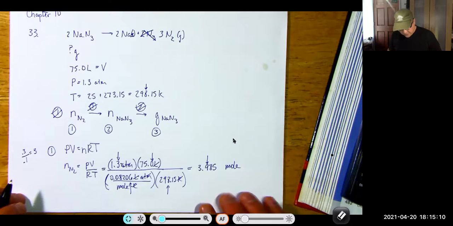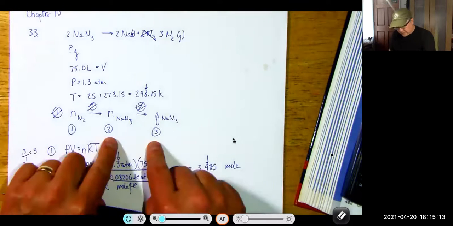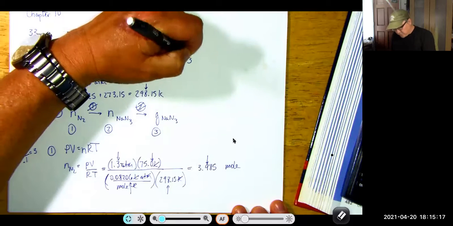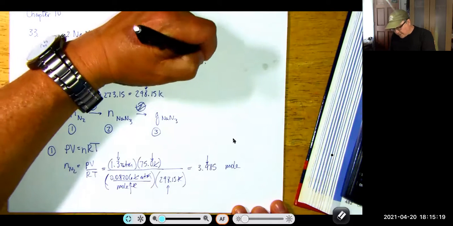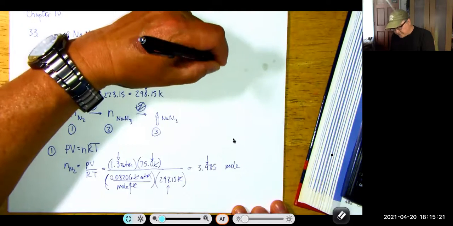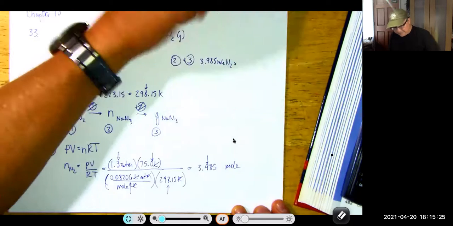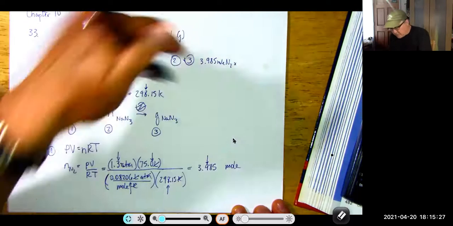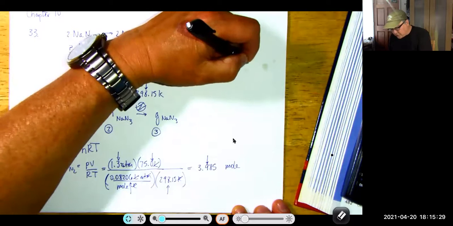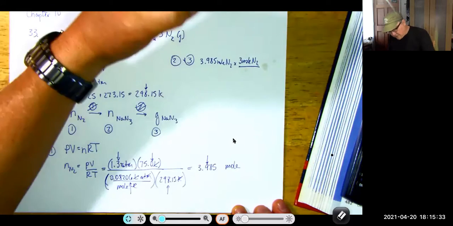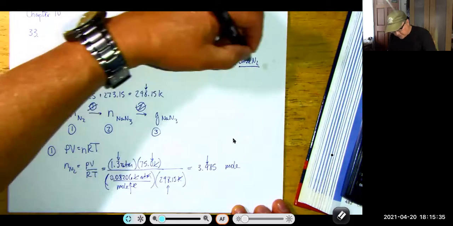Okay. So I'm going to do 2 and 3 together. We have 3.985 moles of N2. And I'm going to multiply by, according to the equation, 3 moles of N2 to 2 moles. Oops, I did that wrong. So I'm going to cross that all out.